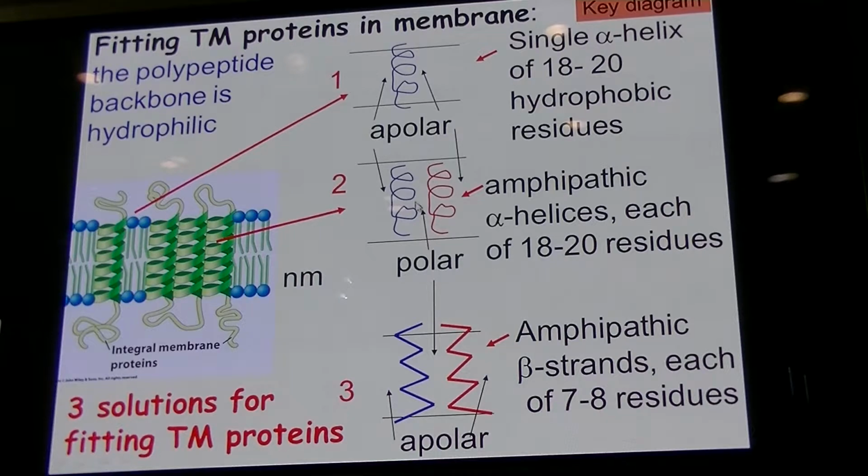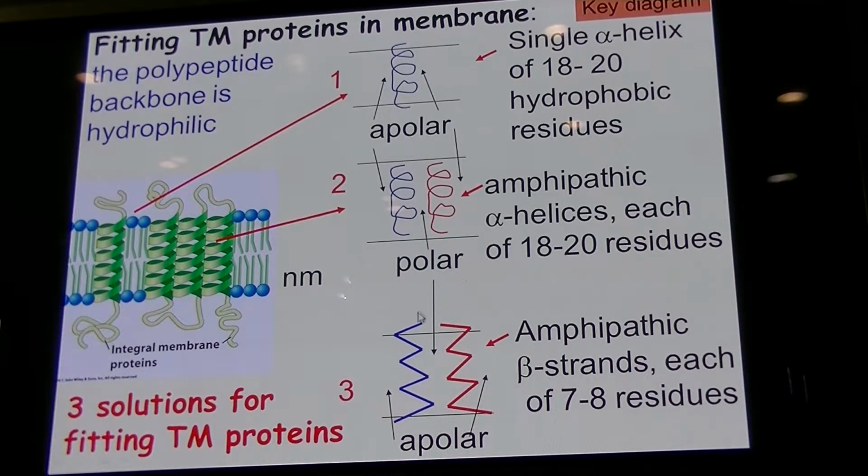Okay, so we would have polar contacts between the alpha helices. It still takes 18 to 20 amino acids.